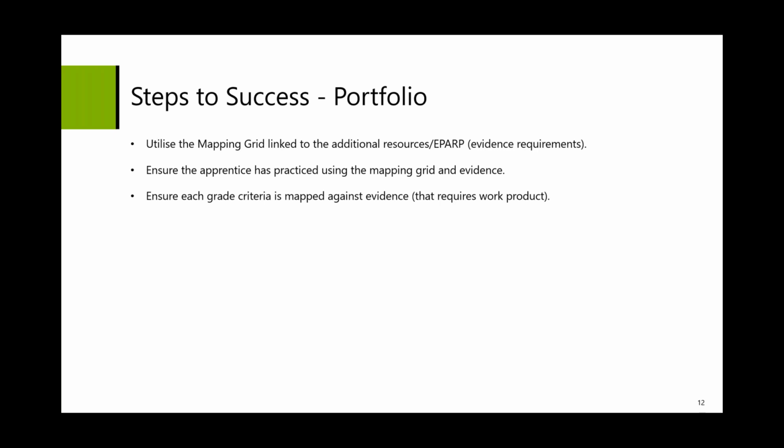So you do not need lots of evidence. I would recommend 15 pieces of evidence is adequate if they can be used holistically across grade criteria. This also makes it easier for the apprentices to be able to find their evidence, as they don't have too many pieces to try and find.